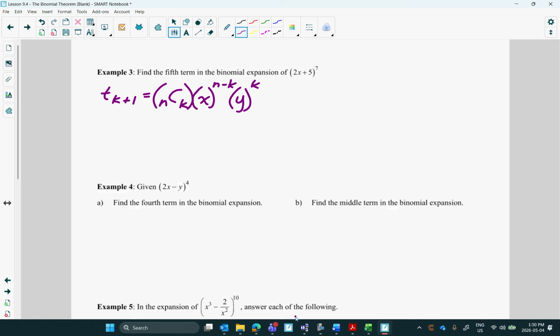Oh, I should have done a and b instead of x and y, but it's the same. So what do I need from this? I need to know what k is, and I need to know what n is.